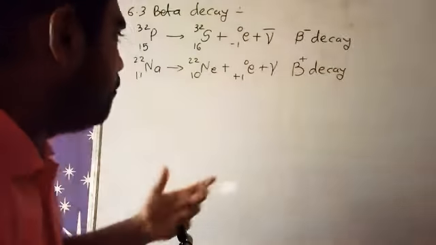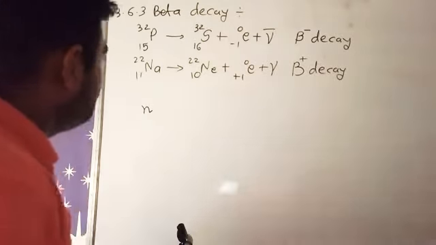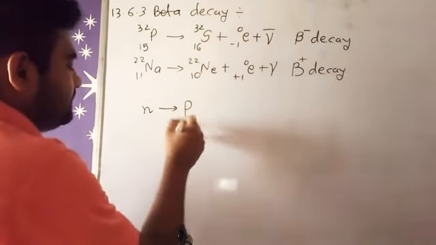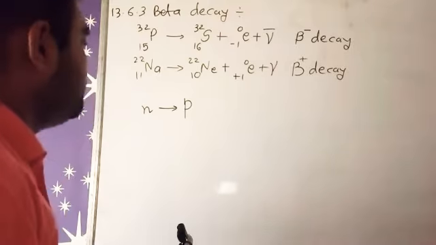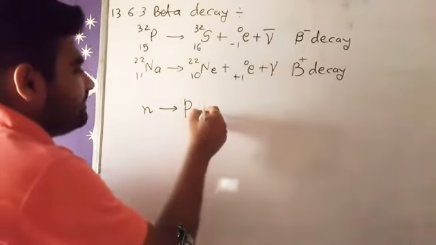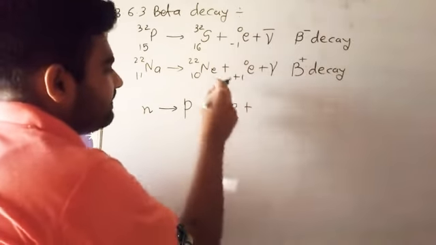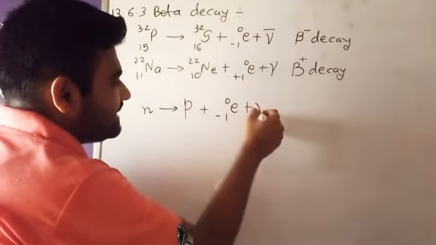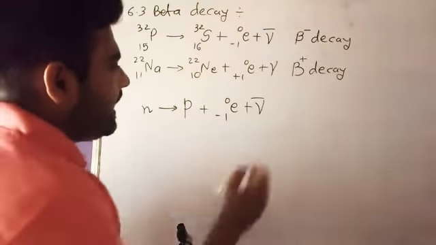Now how? Inside the nucleus we know that a neutron converts into a proton, right? Neutron gives proton, and with that proton we have -1e0, whenever an electron is released during the reaction, plus an anti-neutrino which is released during beta minus decay.